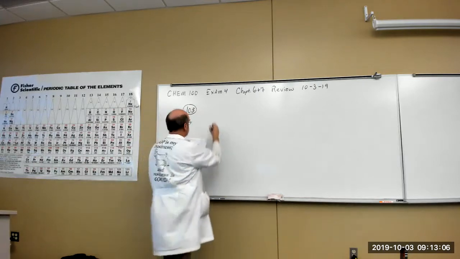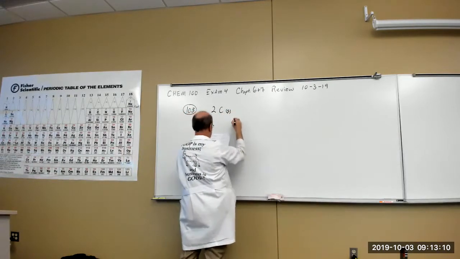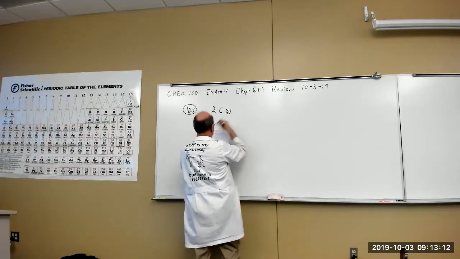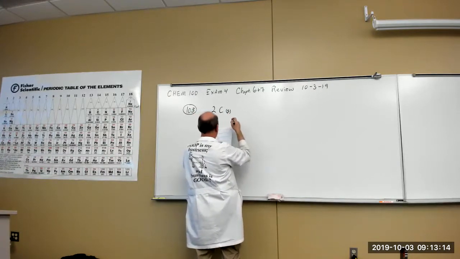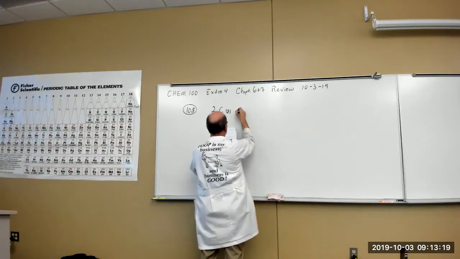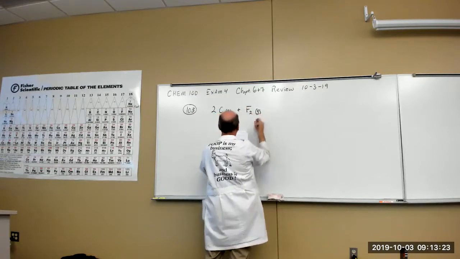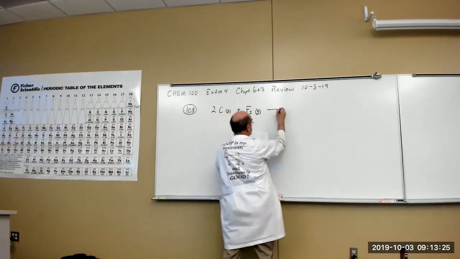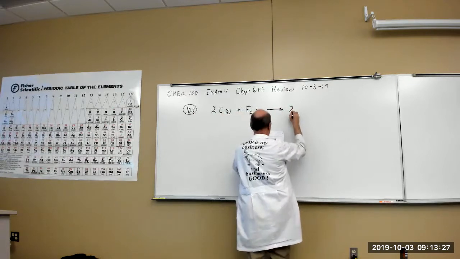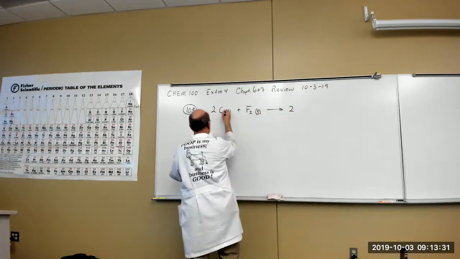Okay, so here's our equation. 2 carbons and, let's see, fluorine, right? And it produces, oops, my mistake, cesium.